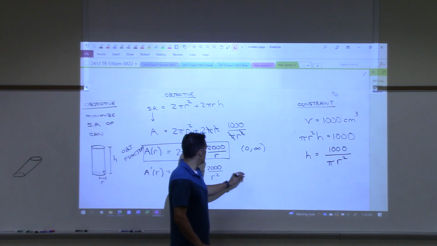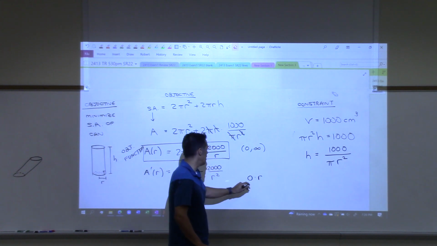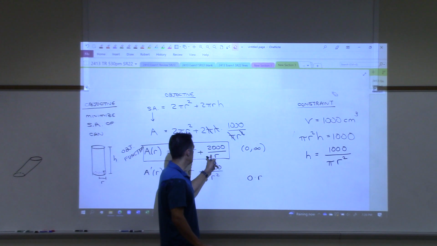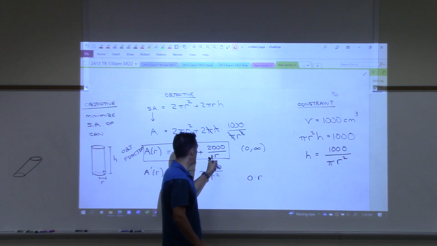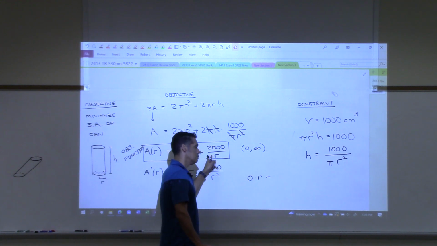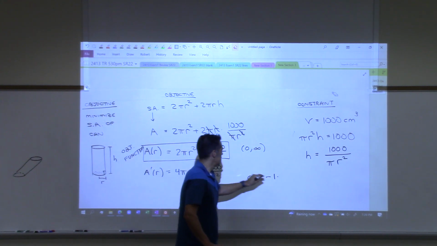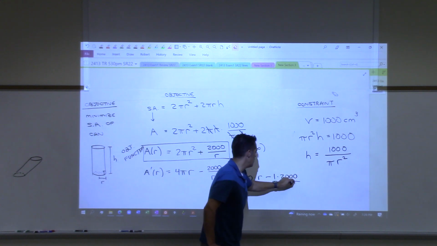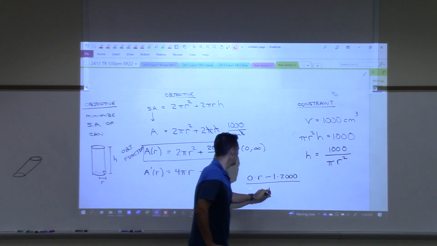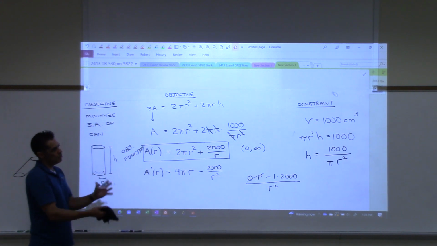Derivative of the top is 0 times the bottom, minus the top, 2,000, times the derivative of the bottom, which is the derivative of r, that's 1, all over the bottom squared. Gone, negative 2,000 over r squared. That's the quotient rule, and it gets you the same result.